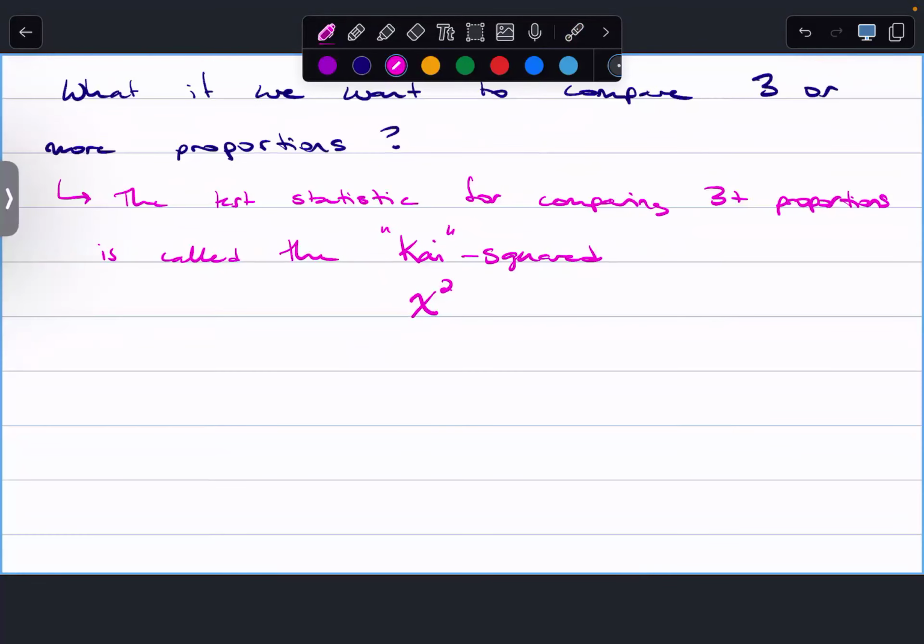And so this is called the chi-squared. Technically, it's spelled chi squared, but don't call it chi because it makes it sound like you don't know what you're talking about. That's important. All right. And so now we've got kind of 3 plus proportions.